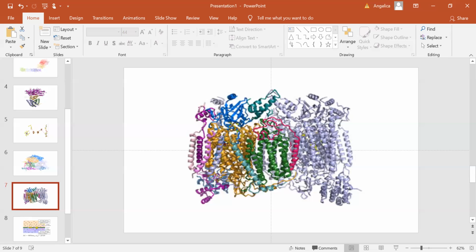The energy of this gradient is harvested when the H+ are allowed to move back across the membrane. Step 2: to drive the synthesis of ATP from ADP and phosphate. Step 3: this is carried out in the cell by a transmembrane protein complex called ATP synthase.